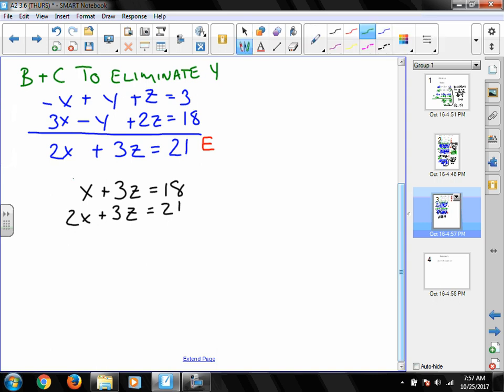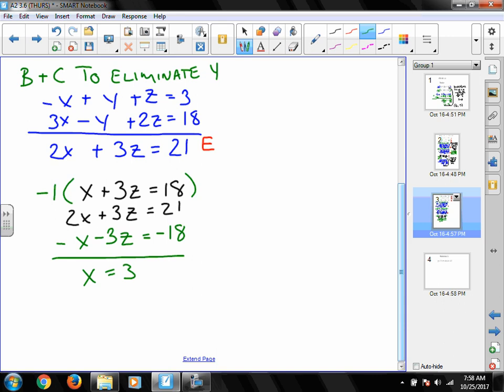So I am going to multiply E by -1. All that's going to do is change those signs. So I'm going to get negative x minus 3z is equal to -18. And 2x minus x is going to leave me with x. 21 plus -18 is going to leave me with 3. And I've already solved for x.